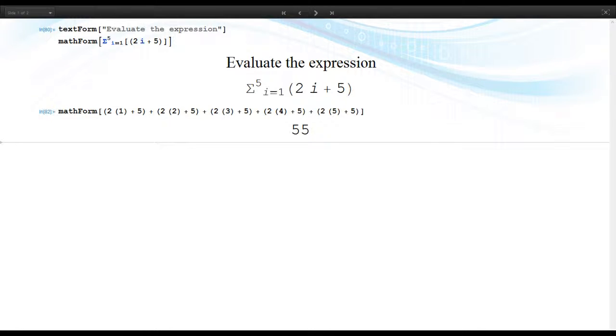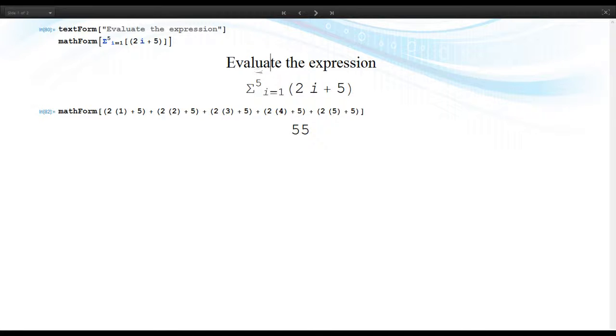And I multiply that all out and add that all up, and I get 55 as the value for this expression. So that isn't a lot of work when the starting number and the stopping number are close together.